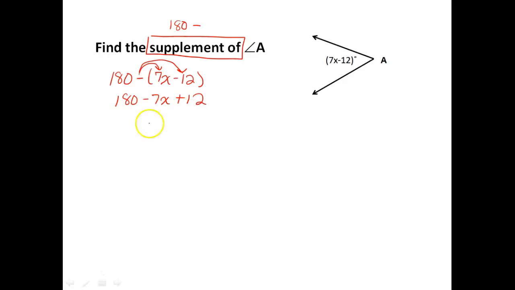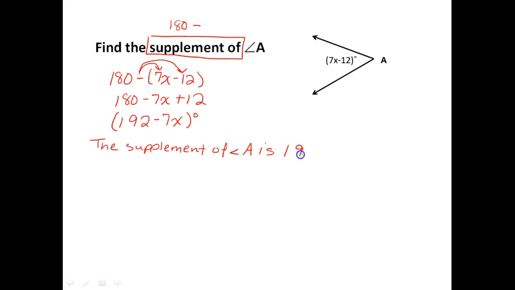So 180 plus 12 is 192 minus 7x. So the supplement of angle A is 192 minus 7x degrees. I told you guys, we won't have those little basic answers anymore. You won't get x equals 5. Sometimes things will look like it's not right, but it is. Just be confident. Have confidence in yourself.